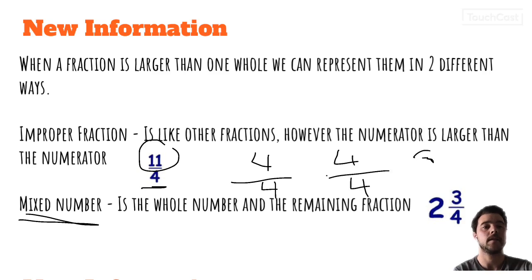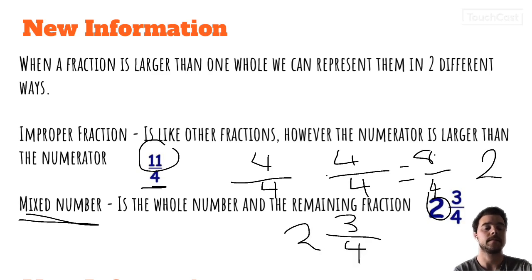So we've used 8 quarters, and that is 2, which we've got here. And then what we've got left over, 11 take away 8 is 3. So we've got 3 quarters left. So we write it as 2 and 3 quarters. Simple as that. It's just a way of representing it, of making it have the whole number in it.